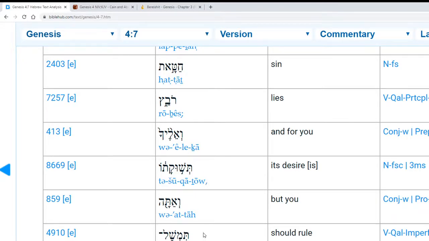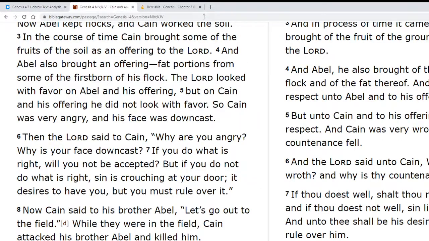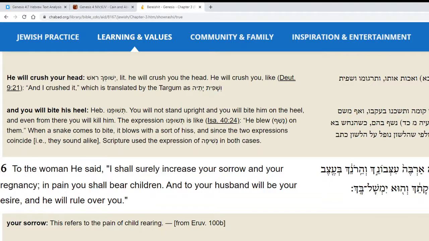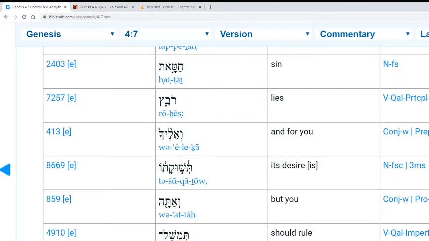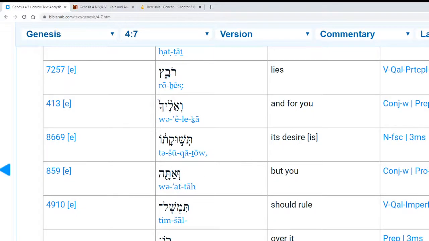Ve'ata timshol bo, and so teshukato, it's that same noun here as teshukatech in verse 16 in chapter 3. Teshukato, the vav at the end is saying his, third person masculine singular. Conjunctive vav, ve'ata, and you. Timshol bo, the taf is in the imperfect.